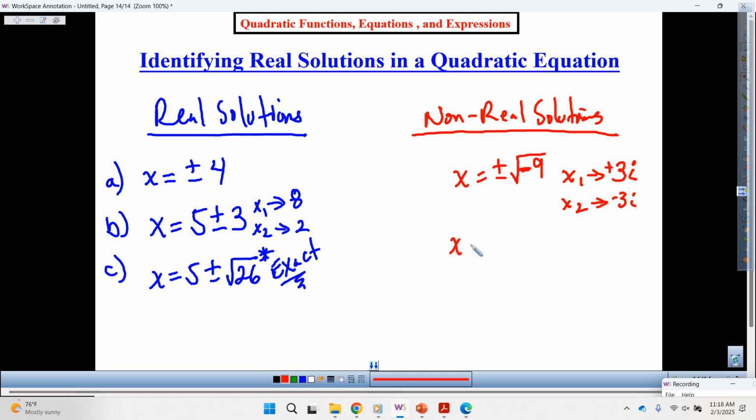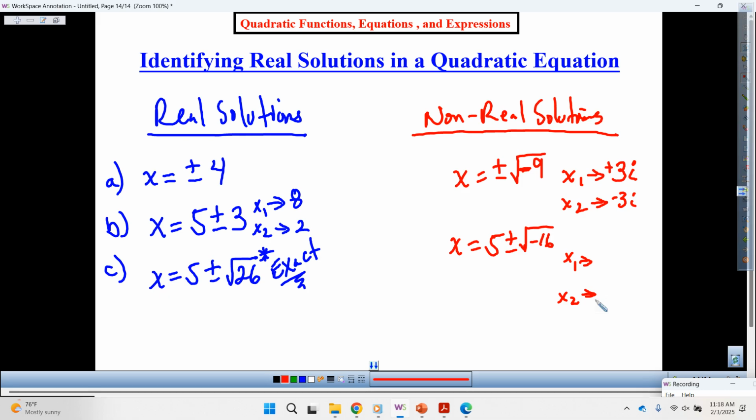Let's do another one. X equals 5 plus or minus square root of negative 16. So, X sub 1, X sub 2. Tell your neighbor what X sub 1 is and what X sub 2 is from there. All right. Good conversation.